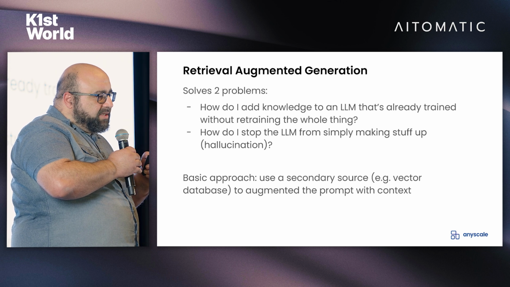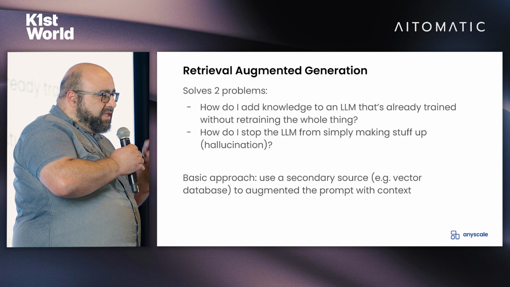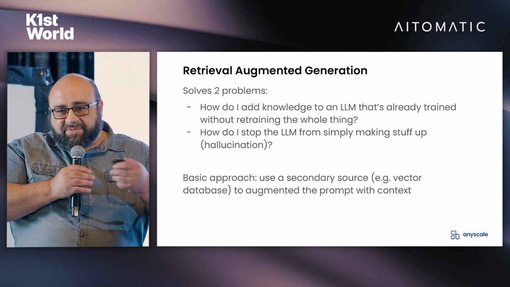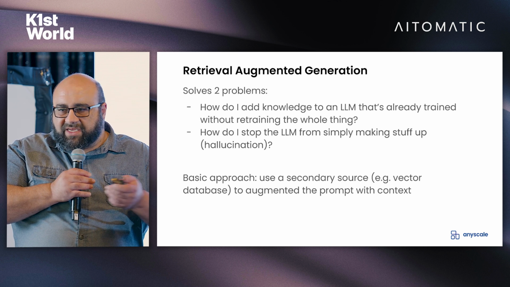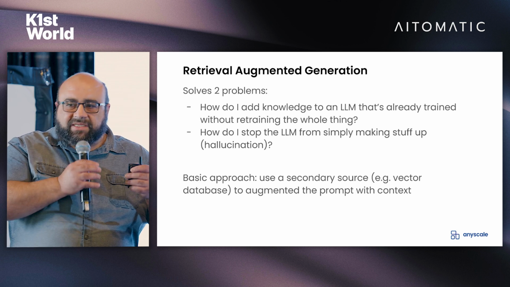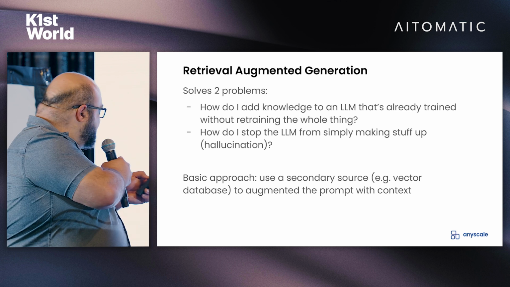So what if we can augment the input to the LLM with information that comes from another source? That source might be a vector database, it might be an internal company wiki, it could be any of these things. But all of them basically are about augmenting the input to the LLM with data that comes from a secondary source.